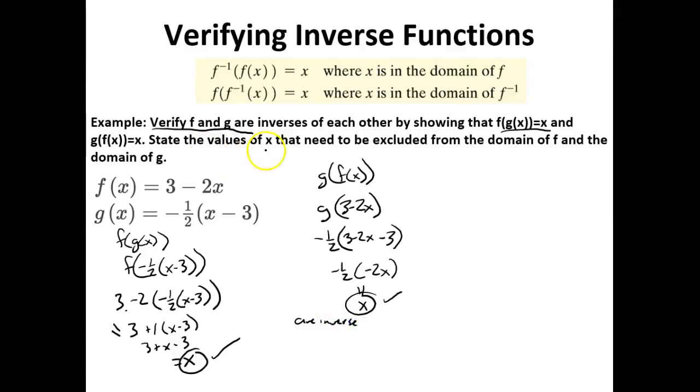Now state the values of x that need to be excluded from the domain of f and the domain of g. For the domain of f, if I look here, does anything have to be excluded? No, it's just all real numbers.